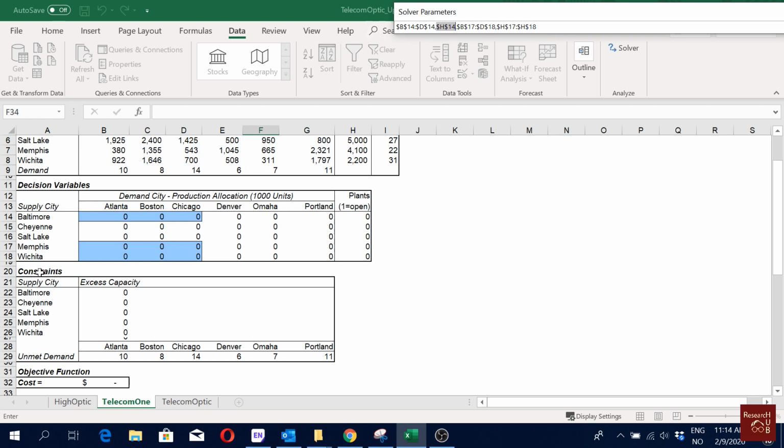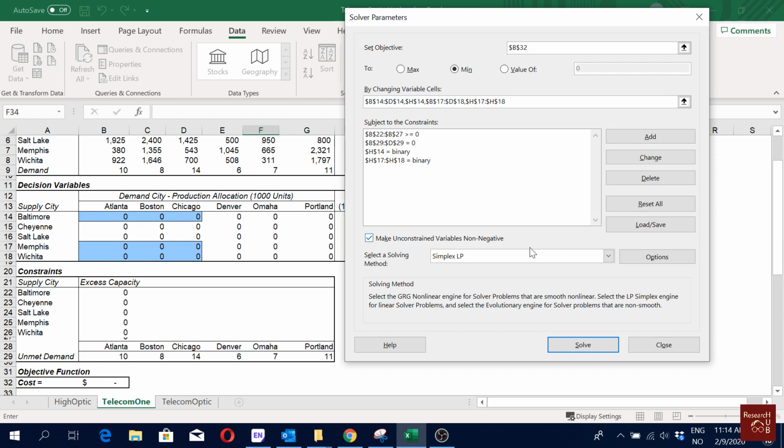We will only be dealing with Baltimore, Memphis, and Wichita. That's why we are using comma to define them separately. Then we have B17 to D18, this part. And then again we have H17 to H18, these two here. So these are the values that we will be able to change.